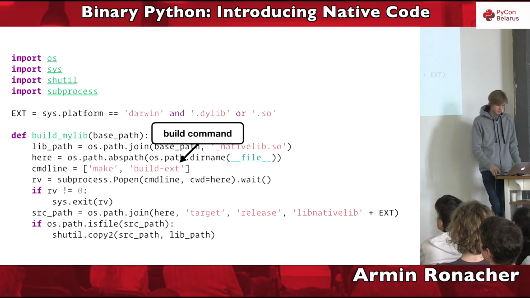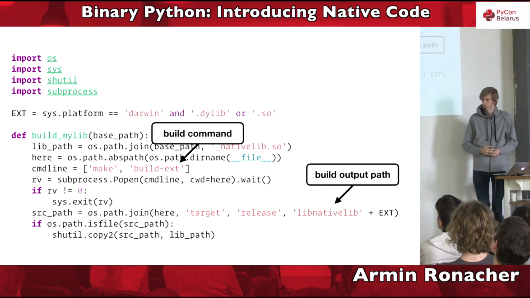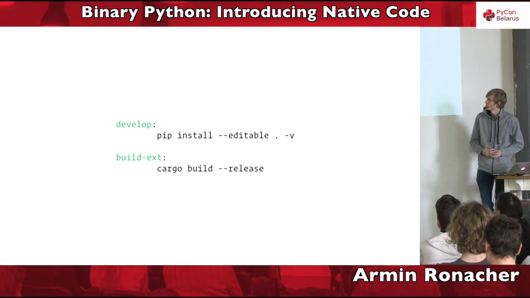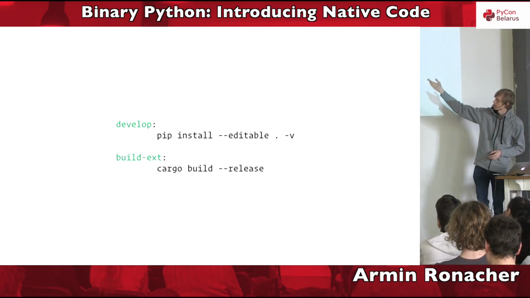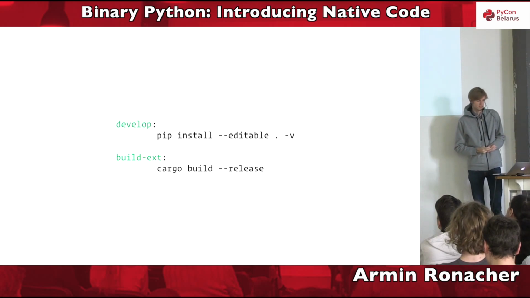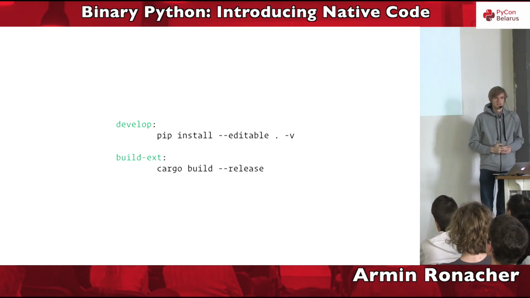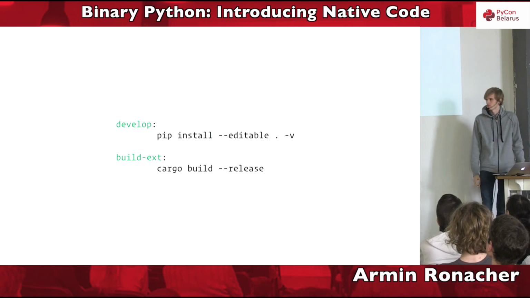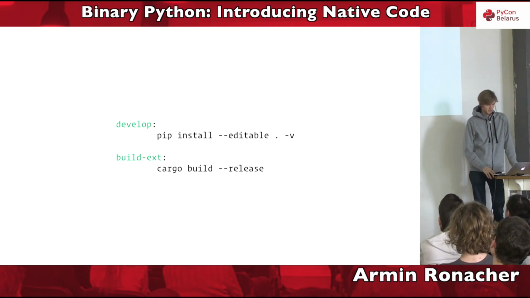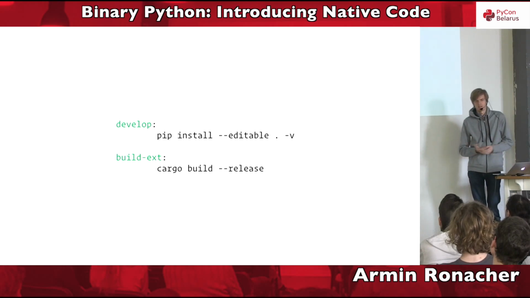So we have a build command, we have a build output path, and we copy it over. The makefile usually just does build X, and then it invokes the build tool. In this case, this is from the Rust library that we are using, where we use Cargo to build it. We have one where we have to do CMake and LLVM and all those kind of nice things. And then we have a binary.